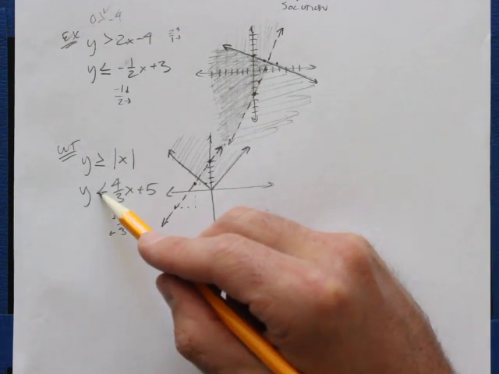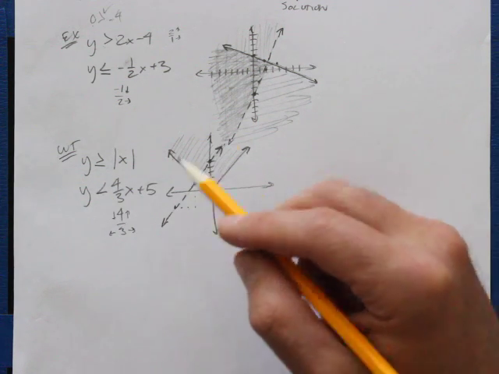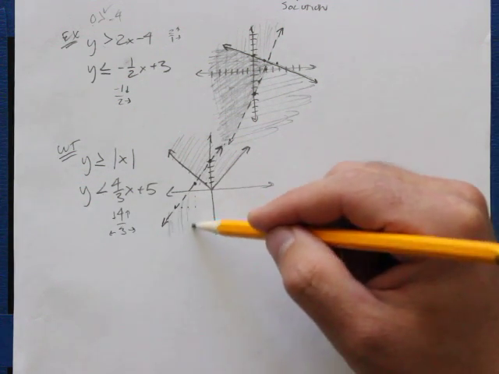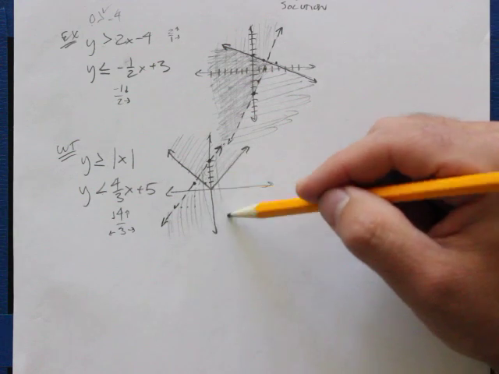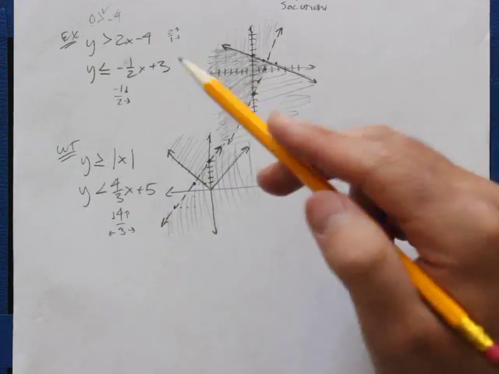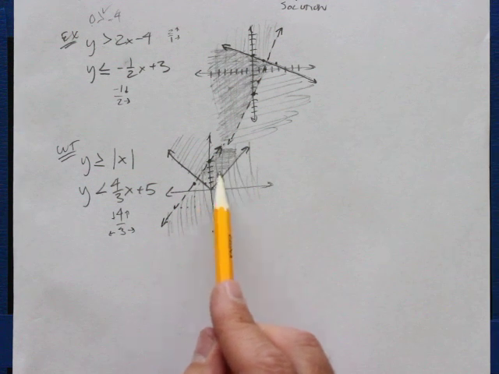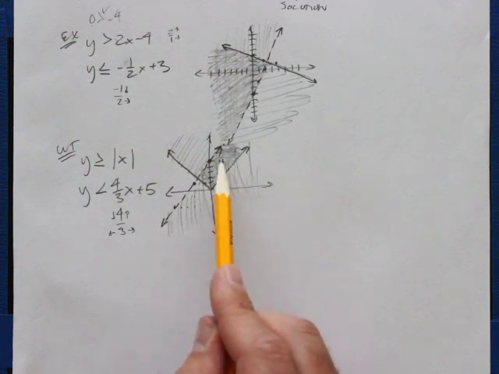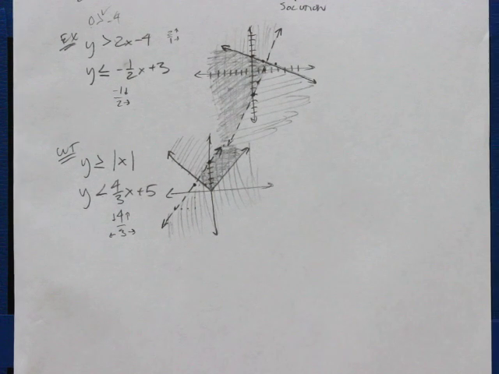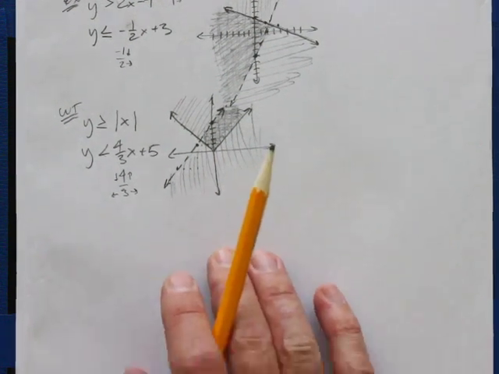And y is less than this line, so I'm going to shade underneath. Then step 2, I'm going to identify the areas of overlap, and that's right there. And I have graphed my system of equations.